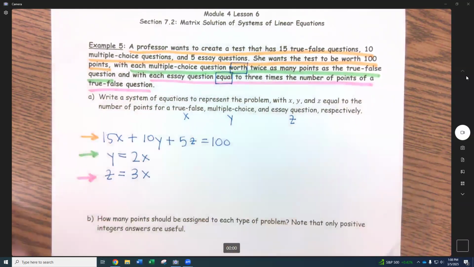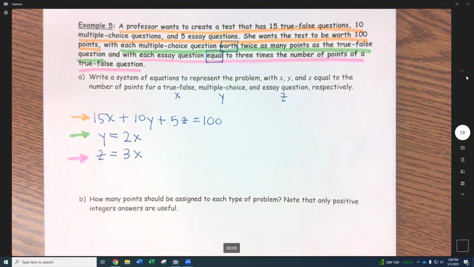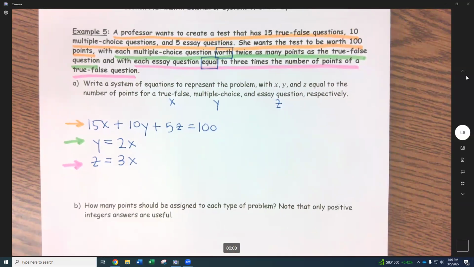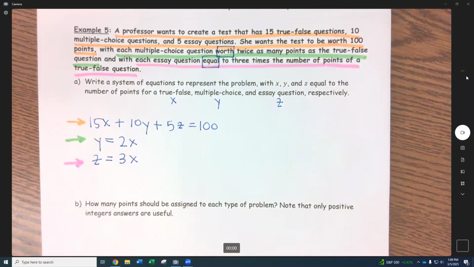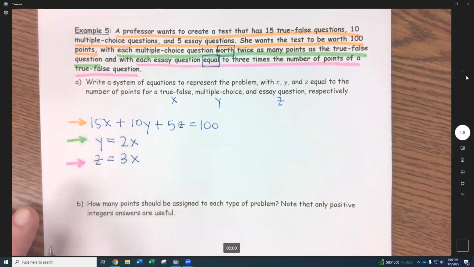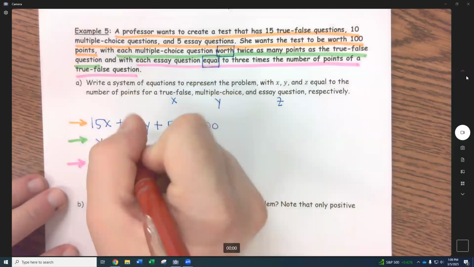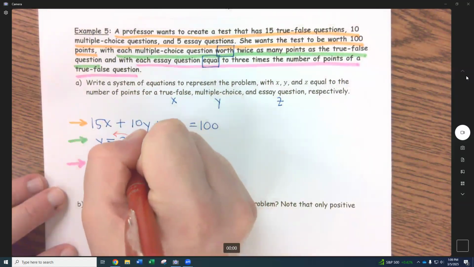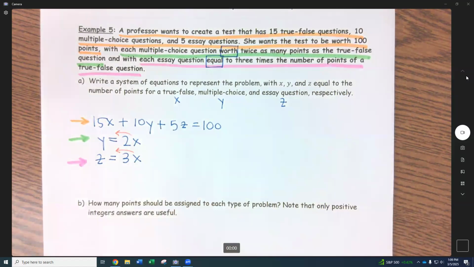So 3x. Okay, that's very colorful. But we now need to put this into the right form. For this to be in the right form, you need all of your variables to one side and your constants to the other. And on these second 2 equations, I have variables on both sides. So what I need to do is move over my 2x and move over my 3x.